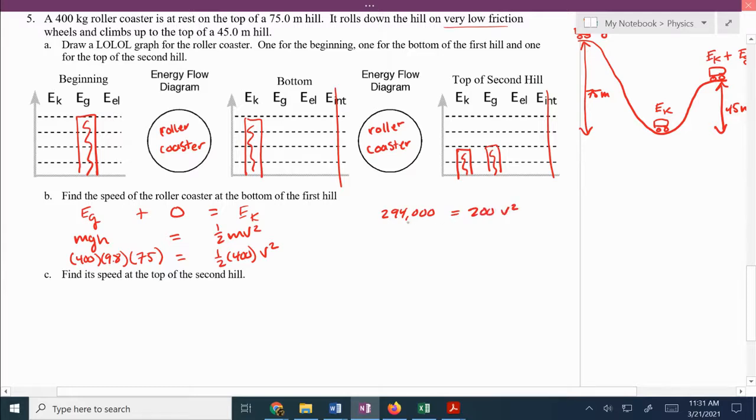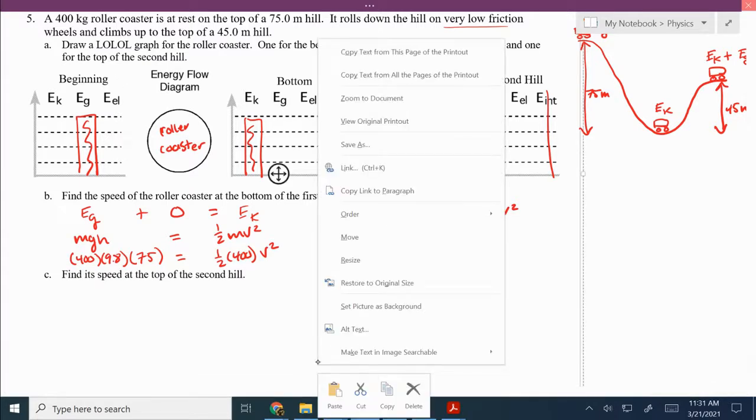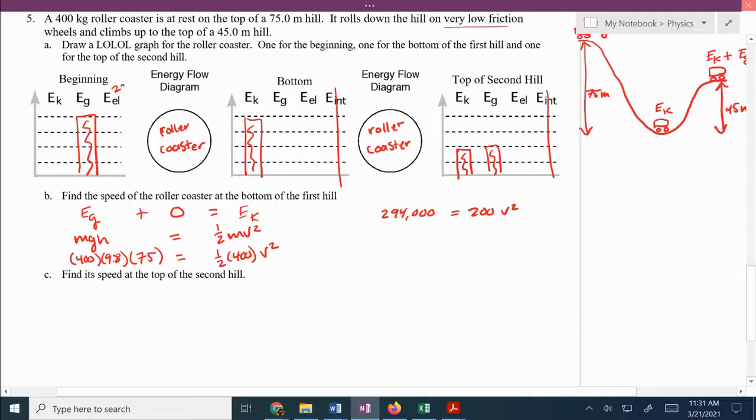One thing that's important to note is that the total energy that we have is 294,000 joules. So that means we have 294,000 joules of energy here, where it's all gravitational energy. We have 294,000 joules here of energy, and in that case, it's all kinetic energy.